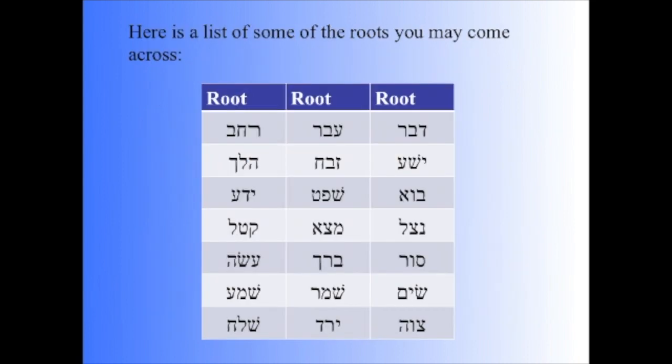And here's a list of some of the roots you may come across, which have a basic semantic meaning, and they will often be changed into verbs, given patterns that make them nouns or adjectives, but the root will be this three consonantal set, which gives the base meaning.